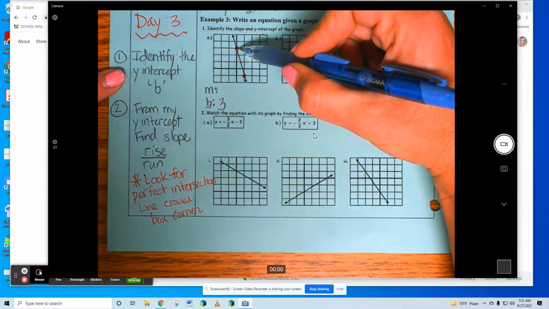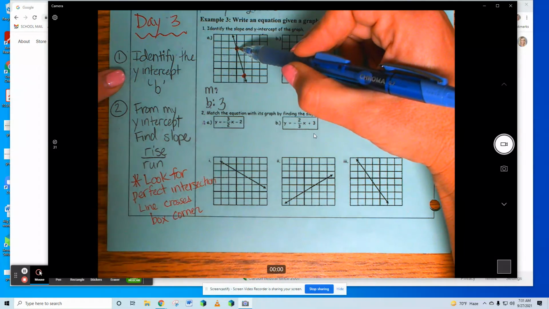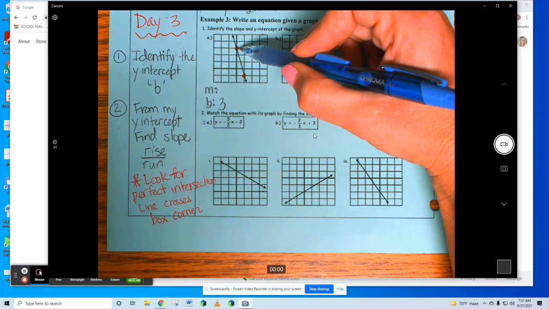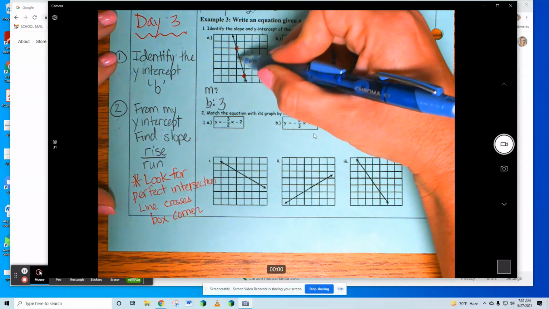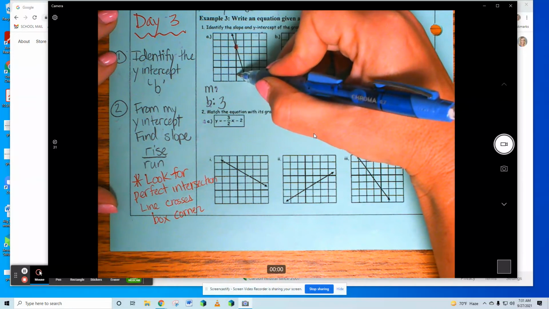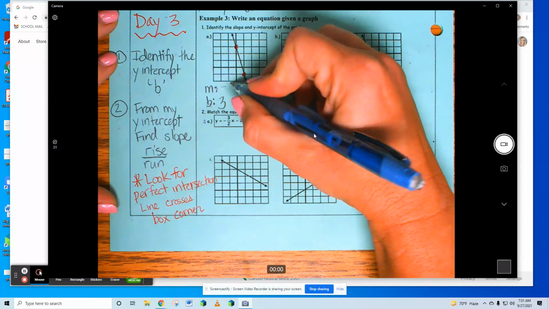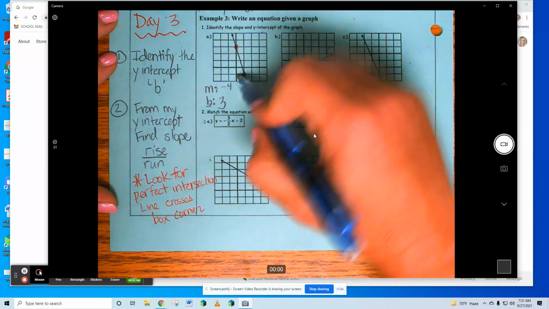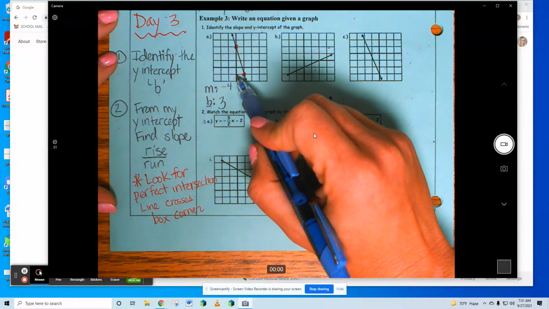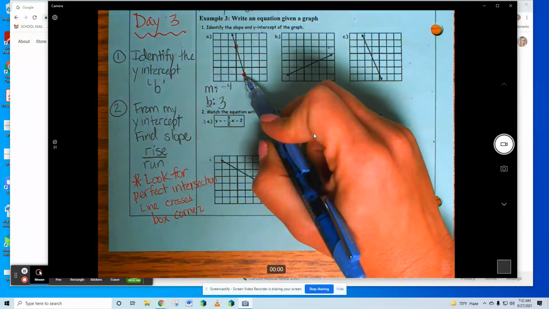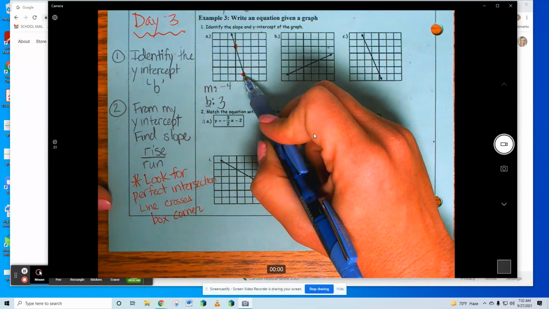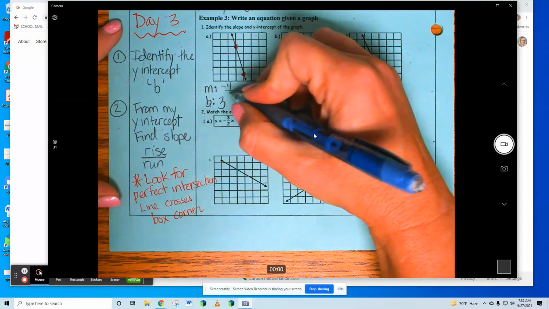I need to rise and run to the next dot. The next dot is down below. Rise means going down or up, running means going left or right. If I rise down, let's count: 1, 2, 3, 4. I went down 4, that's a negative 4. Then I ran 1. So negative 4 over 1.